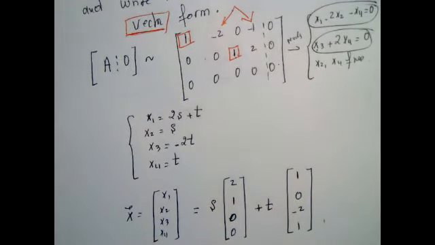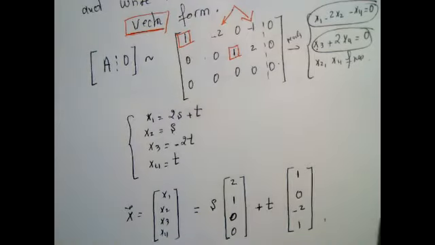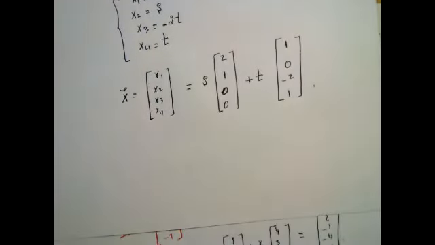Okay, so far everything is something you have seen. So what does this tell me? Remember, my goal at the end is to tell you how to find a basis for the null space. So let's see what this tells me.